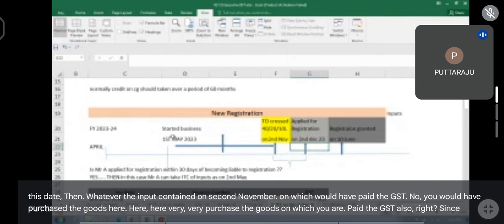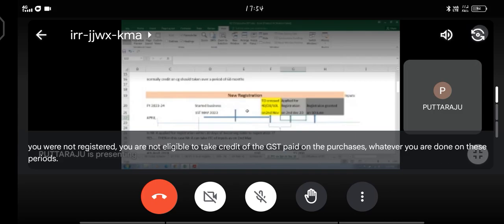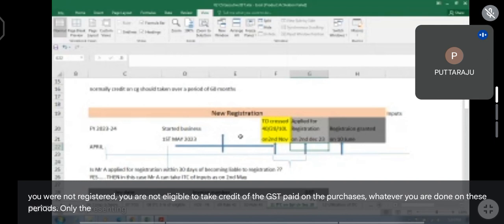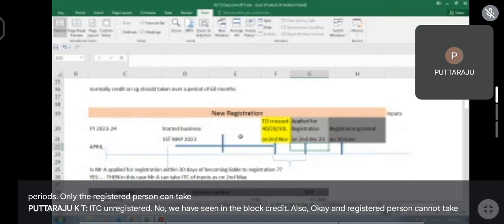Since you were not registered, you are not eligible to take credit of the GST paid on the purchases you have done in these periods. Only the registered person can take ITC. Unregistered, no. We have seen in the block credit also. An unregistered person cannot take credit.